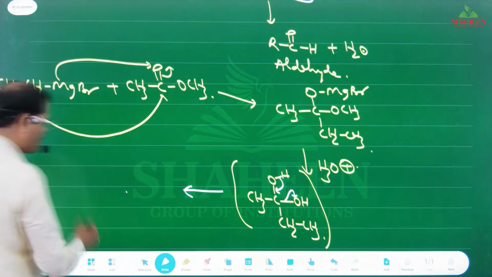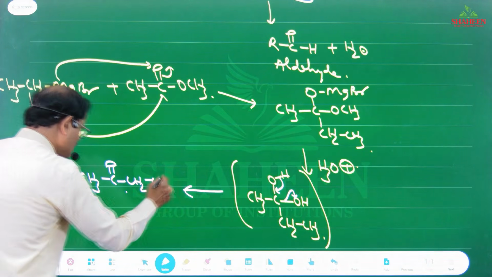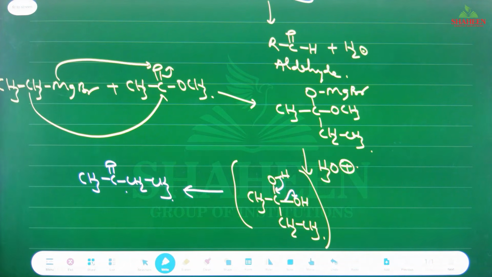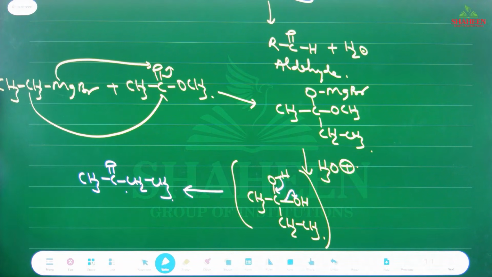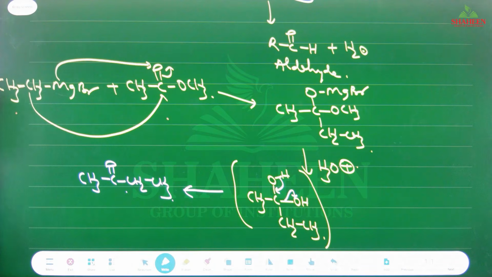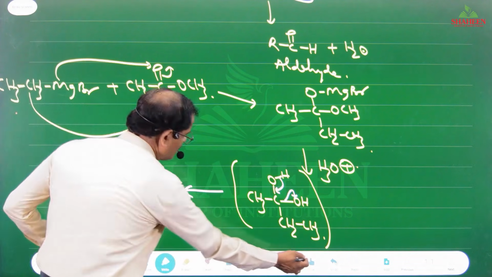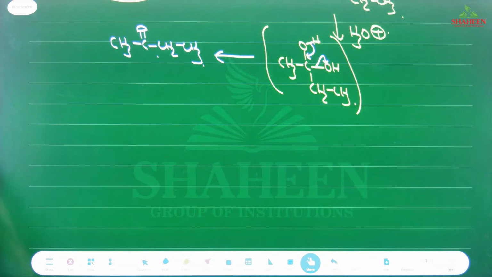The product is CH3 C double bond O CH2CH3, butanone. It is possible to prepare both aldehydes and ketones by this method. The required carbonyl compound depends upon the reactants we take in this reaction.